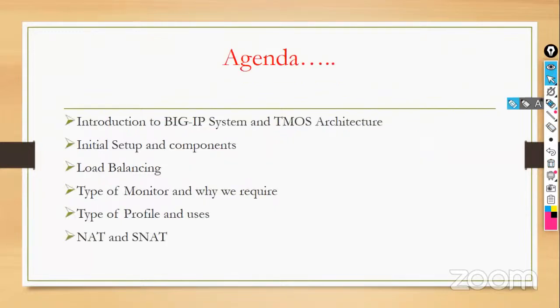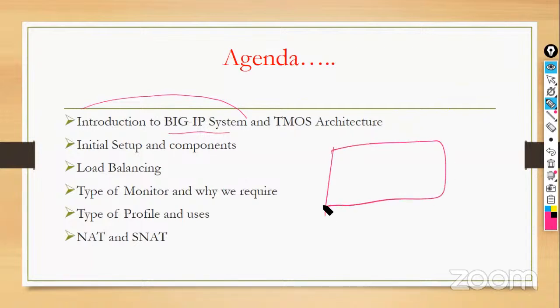Let's move further. What would be the agenda in this course? What will we cover? We will cover the introduction of the Big IP system. For example, this is your Big IP box.